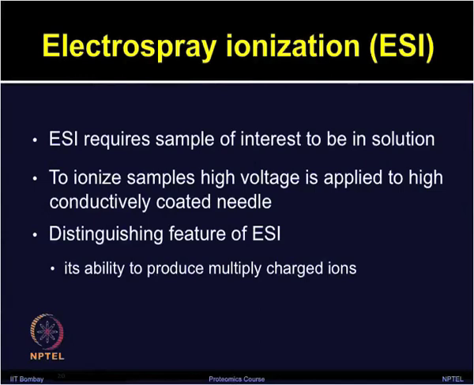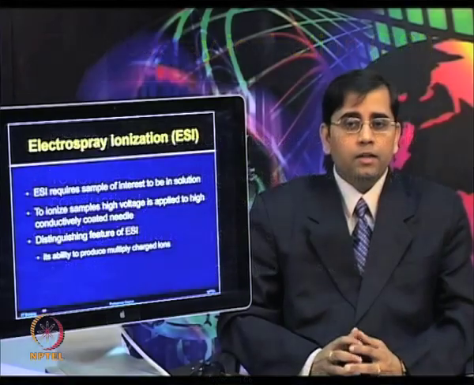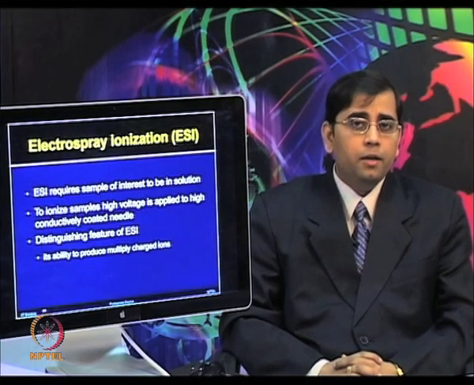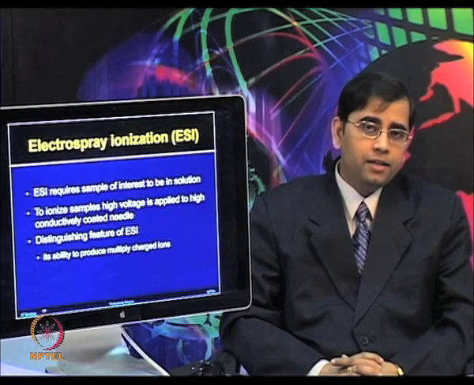The positive ions are primarily used for the analysis of proteins. The distinguishing features of electrospray ionization include its ability to produce multiple charged ions. The number of charges that can be accepted by a particular molecule depends on its basicity and its size.